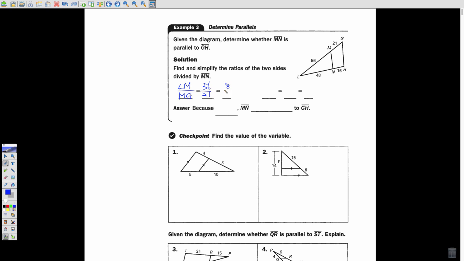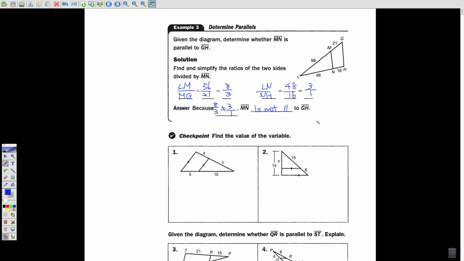If I simplify it by dividing by 7, it's 8 over 3. And then on this side is LN over NH, and that's 48 over 16, which comes out to be 3 over 1. Because 8 over 3 doesn't equal 3 over 1, therefore MN is not parallel to GH.